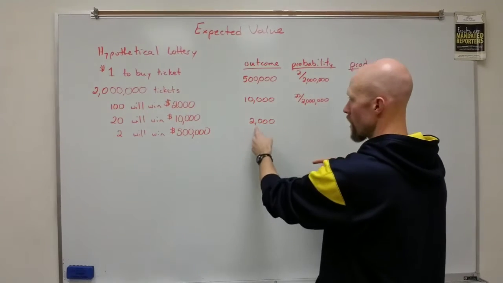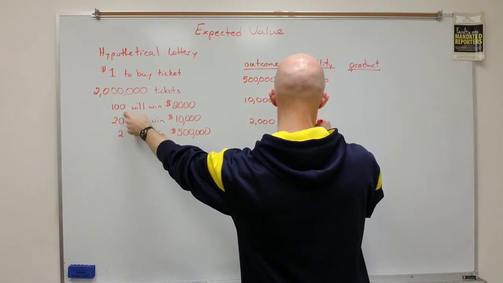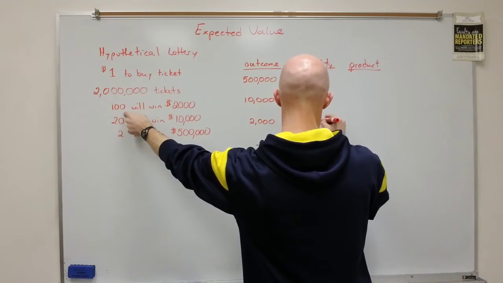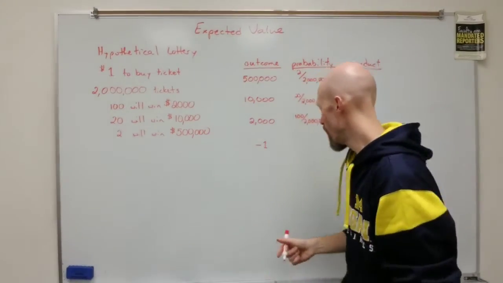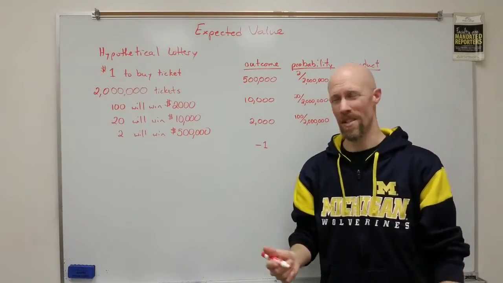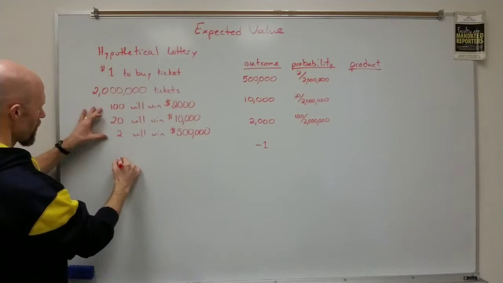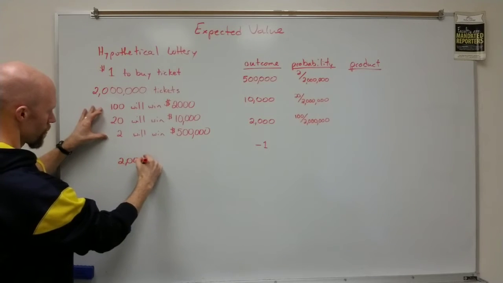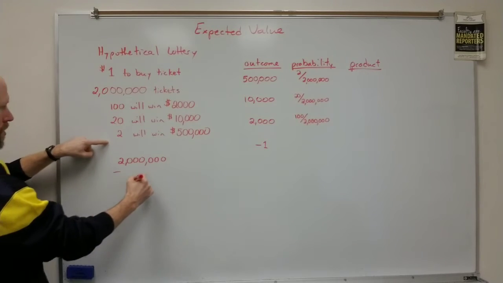The probability of getting $2,000 would be 100 out of 2 million. And the probability of getting a -1, or losing, is all the rest of them. So you've got to figure out what all the rest of them are. All the rest of them are going to be 2 million tickets minus the sum of those, which is 122.